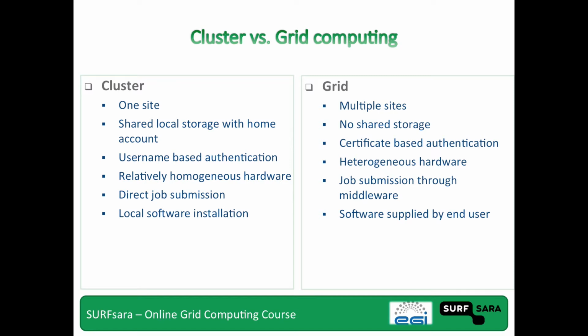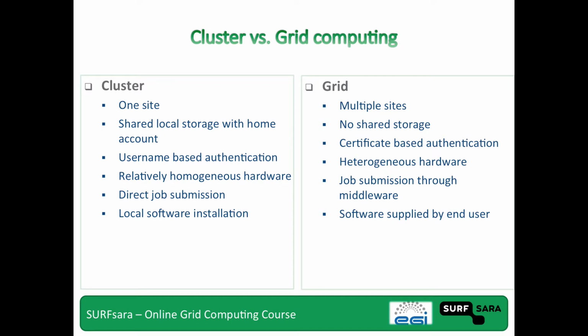With clusters, there's a relatively homogeneous hardware set that you can look up easily, while with the grid, with all the distributed resources and little knowledge on where your application will actually run, the hardware is very heterogeneous. So you have to cope with that in the way that you create your jobs and schedule all that software. With clusters, you can directly submit your job to a particular cluster, while for the grid you have to do that through the grid middleware.